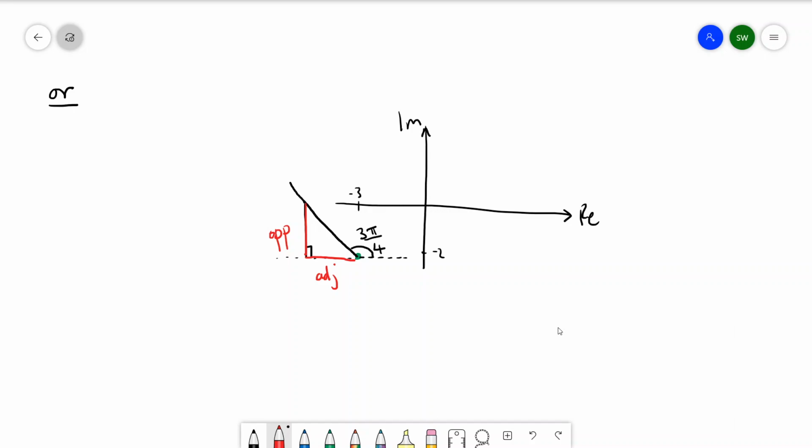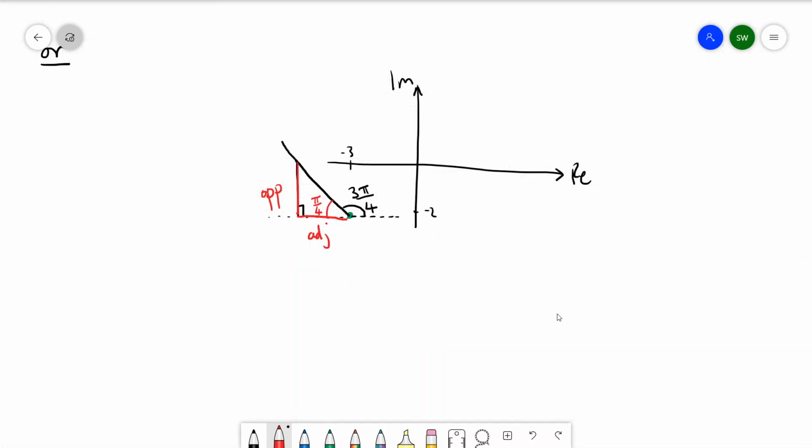What we want to do is work out the gradient of this line to work out the equation. In this right angle triangle, that angle there is going to be pi over 4. So first of all, we can say that tan of pi over 4 is going to be the opposite side length divided by the adjacent side length.